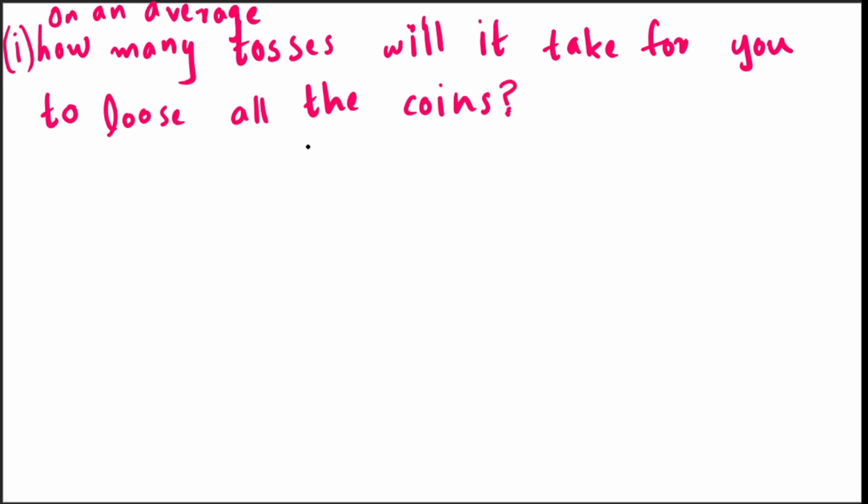So that's the question. Just pause the video for a moment and think how to do this question. When they asked this question, my senior started doing it using binomial distribution.